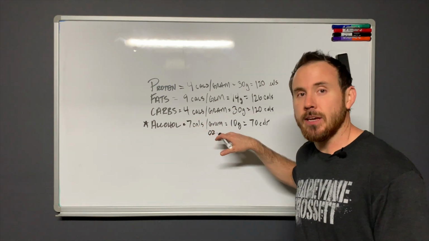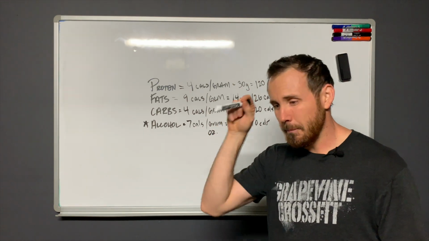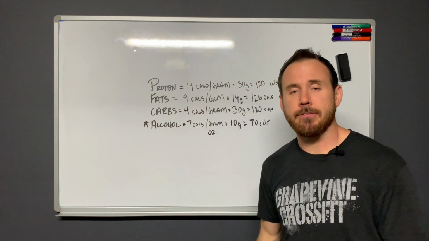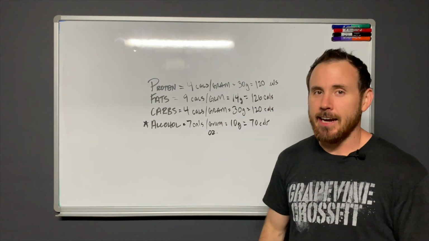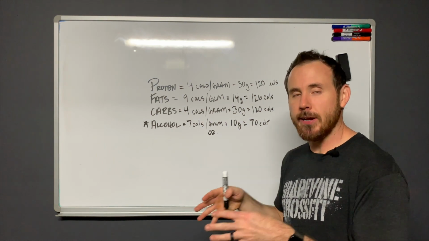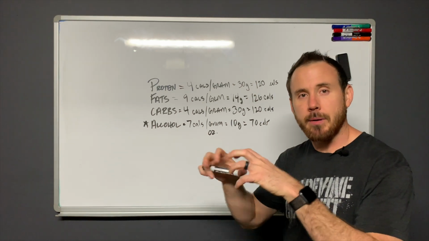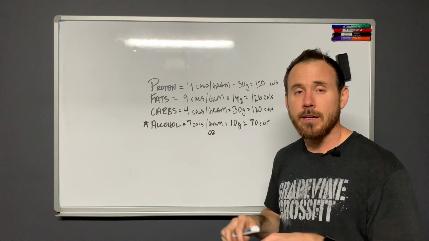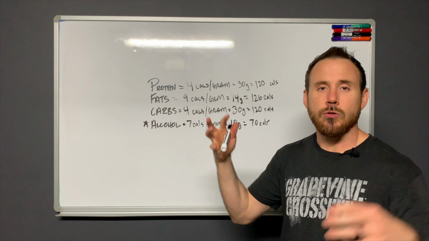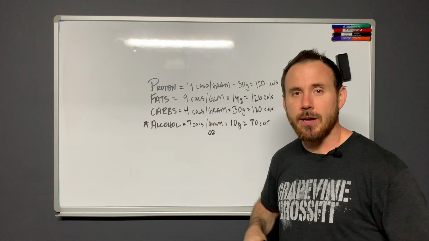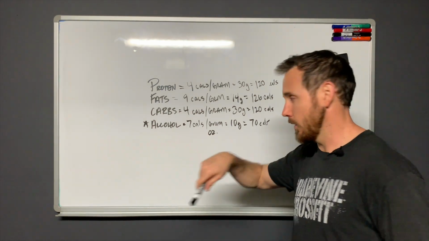Your body's focusing on breaking that down. And so you go out and have a hamburger and french fries for some late night food, and your body is too busy breaking down the alcohol, so the other stuff is getting gobbled up through your bloodstream by your fat cells, right? It doesn't have anywhere to put it. It's not taking the time to put it in the necessary stores, so it's just getting stored instead of being used as energy or whatever else, because your body's too busy focusing on this.